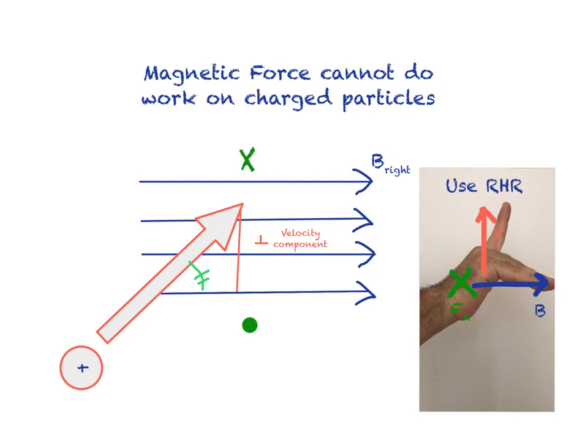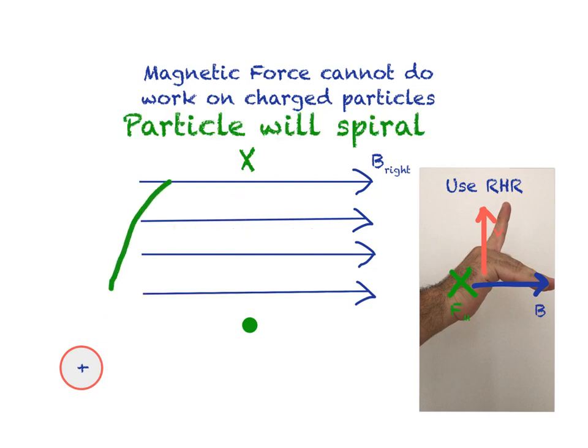Now, it's not completely perpendicular. So that means there's a component of its velocity right here, the parallel component of the velocity, that will continue to drive it forward, or in other words, it will have momentum moving forward. So it will actually spiral through the magnetic field.